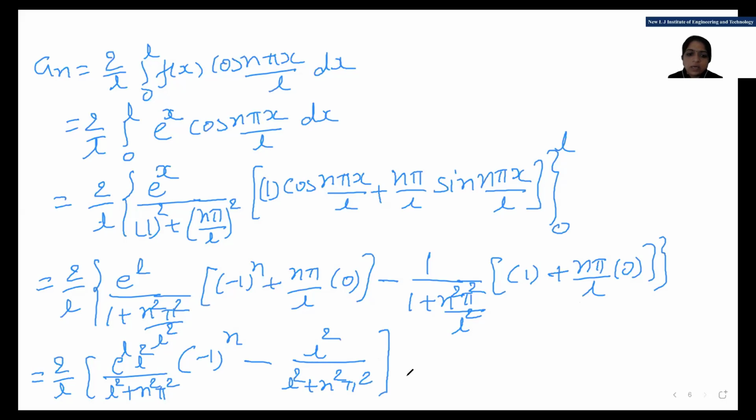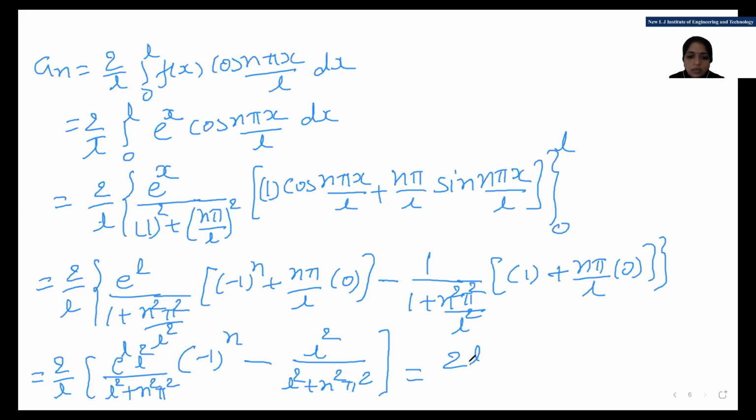Okay. Now, if I take L square common, then 1 L will be cancelled. So just 2L is there. And in the denominator, LCM is L square plus n square pi square.